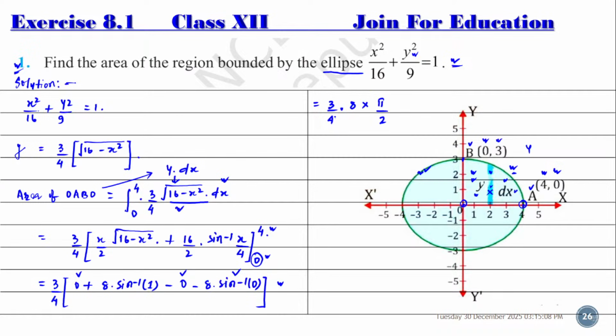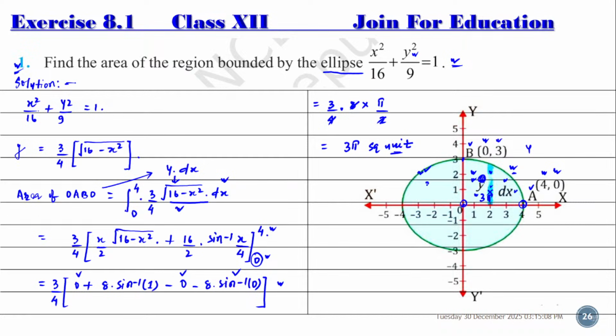So here 4 into 8 by 4 cancels, and we get 3 pi square unit. Therefore the area of this part is 3 pi.